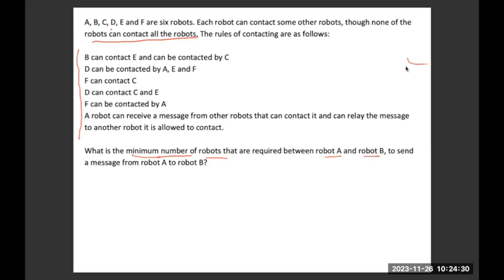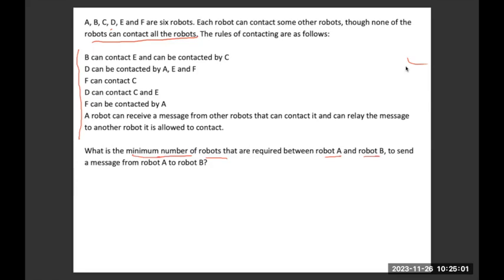Ria, correct answer. Ma'am, yes. In the first statement, it is written B can contact E and can be contacted by C. So C can contact B. Yeah, that is with reference to robot B only.